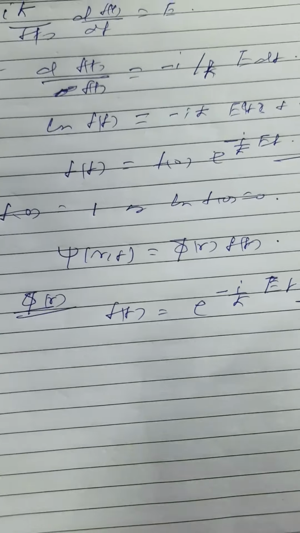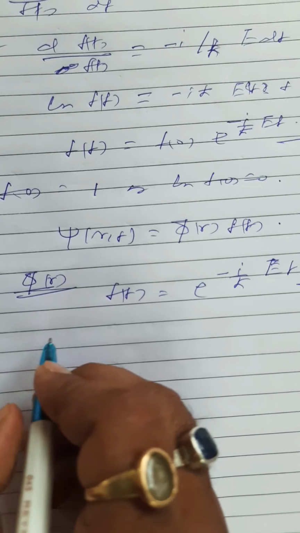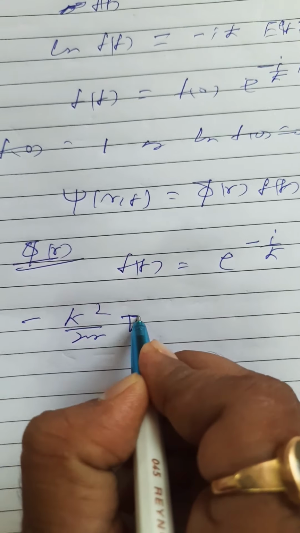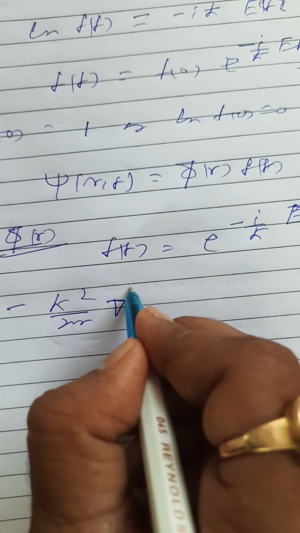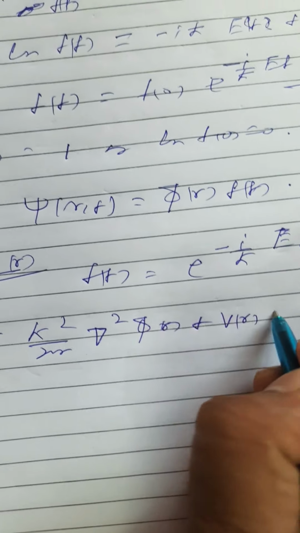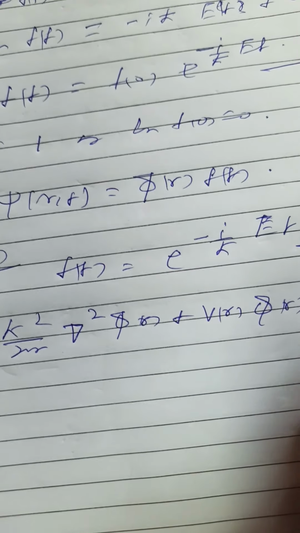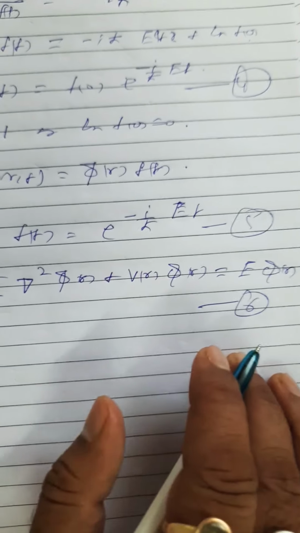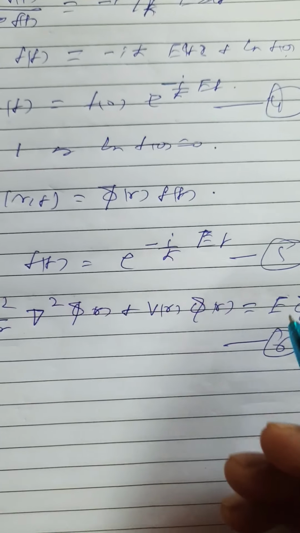Now in a similar way, φ(r) must satisfy this equation: −(ħ²/2m) ∇²φ(r) + V(r) φ(r) = E φ(r). This is equation number 6, which is called the time independent Schrödinger equation.